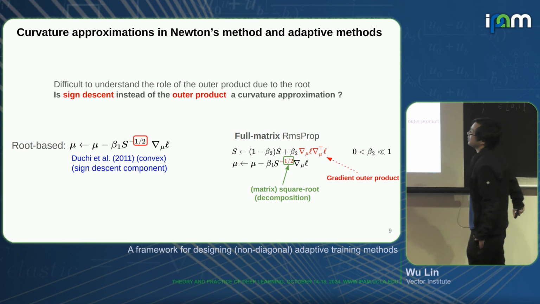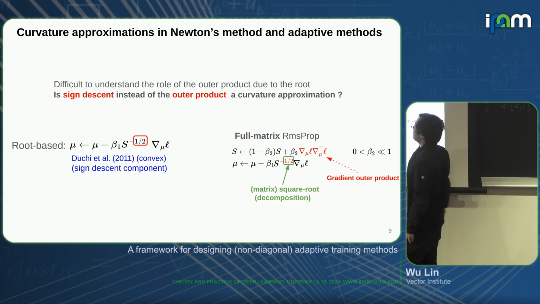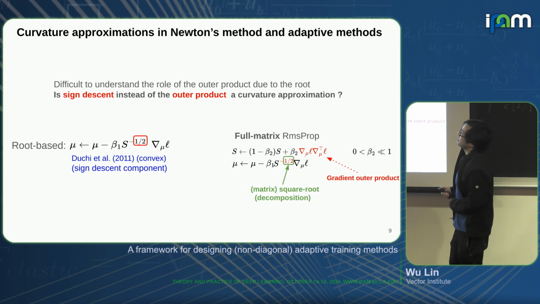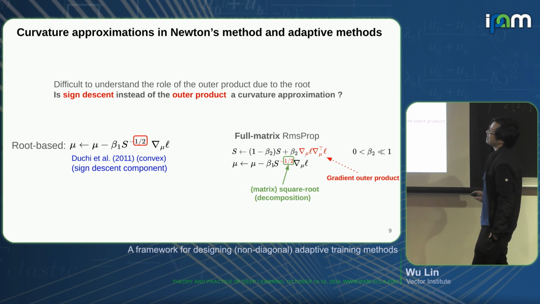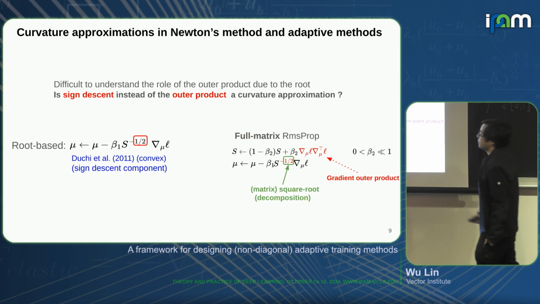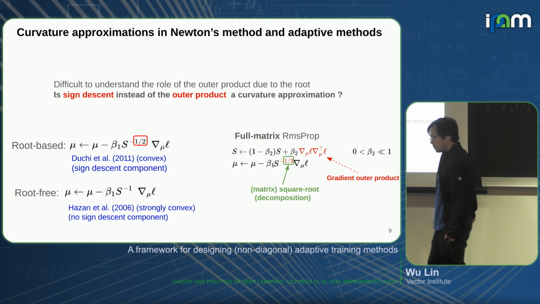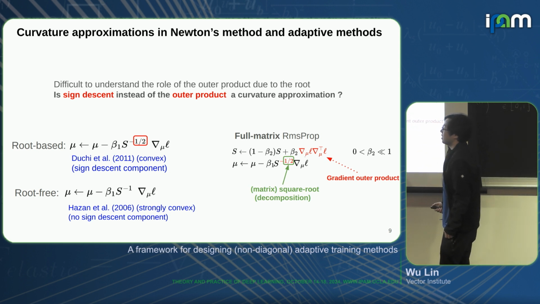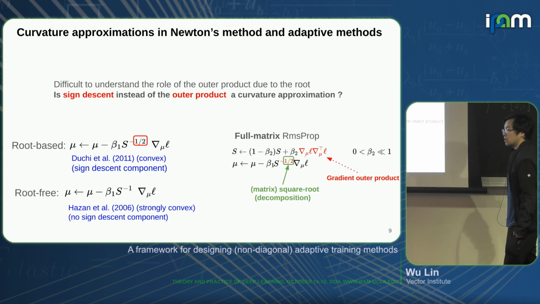Unfortunately, it is very difficult to understand the role of the gradient outer product due to the square root. If we want to use it as a curvature approximation, we need to figure out whether it's the sign descent or the outer product that acts as the curvature approximation. This motivates us to remove the square root from adaptive methods, because in this case there's no sign descent component.